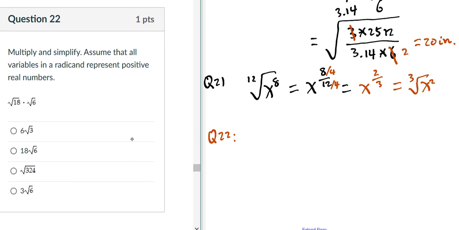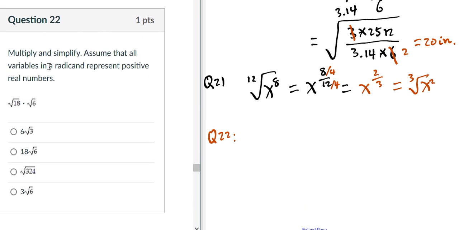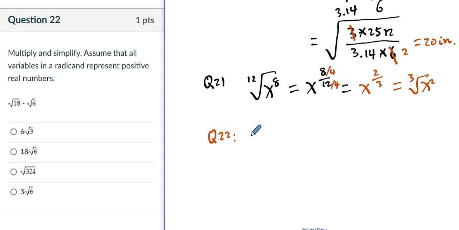Okay. Question 22, we want to multiply and simplify. Assume that all variables in the radicand represent positive real numbers. Here we do not have letters, so all numbers in our example right here.